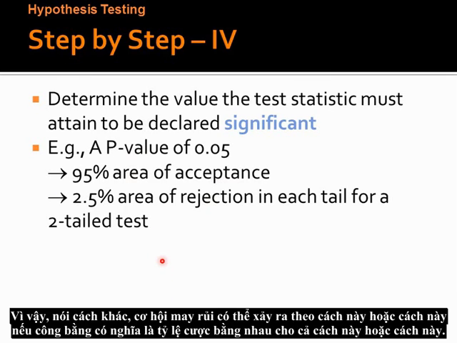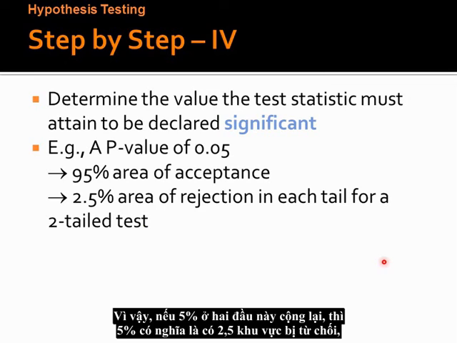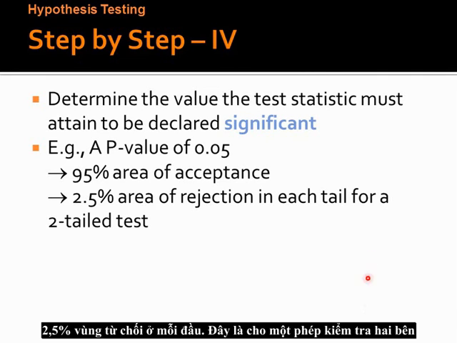So in other words, there's a 5% chance it could go this way or this way. If I'm being fair, that means equal odds to either way. So if these two ends add up to 5%, that means there's a 2.5% area of rejection on each end.